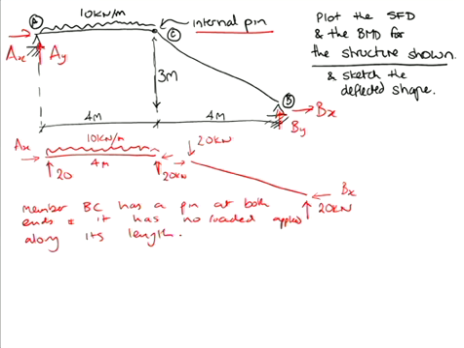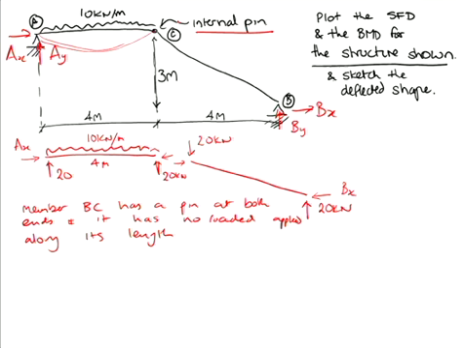So if you look at member AC, it has a lateral load, so we know it's going to bend. So drawing the deflected shape now. Member CB, there's no load being applied directly to it.